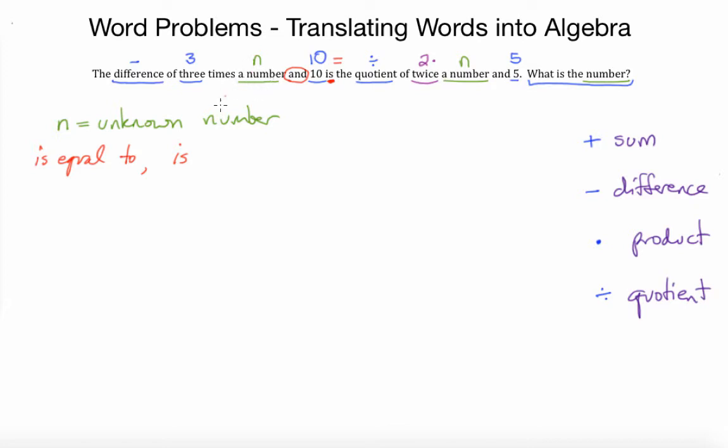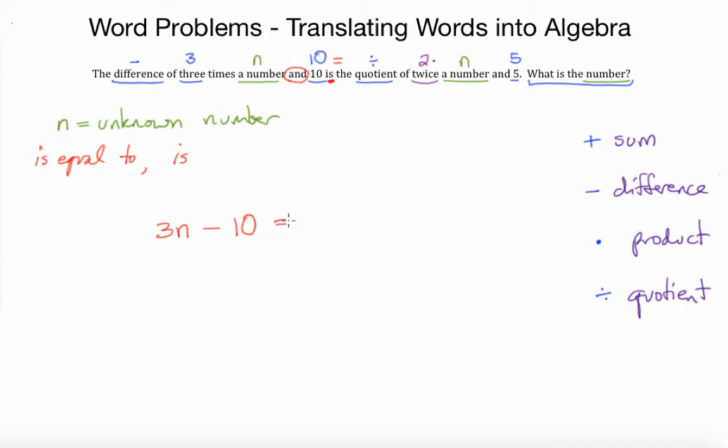So the difference, so subtraction, of 3 times a number and 10. That's how I'm going to translate that. It's not the difference of 3 and a number. The 3 times a number go together. That and helps me know where the difference goes to.